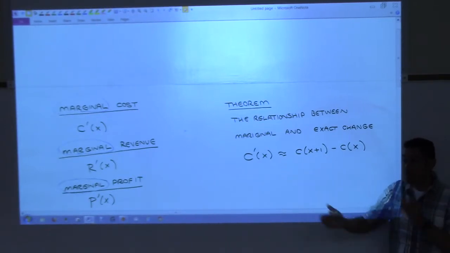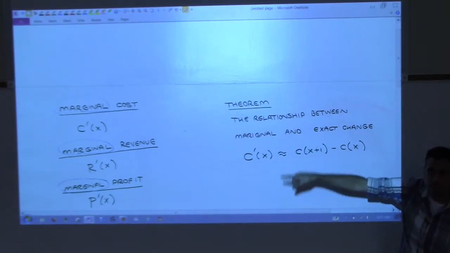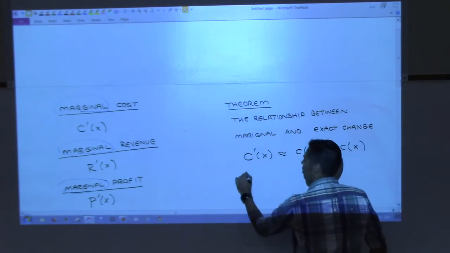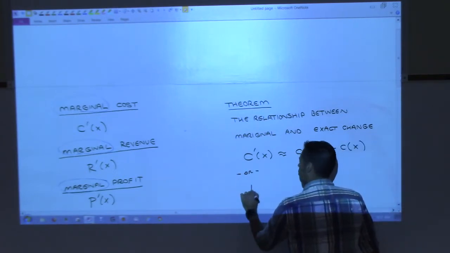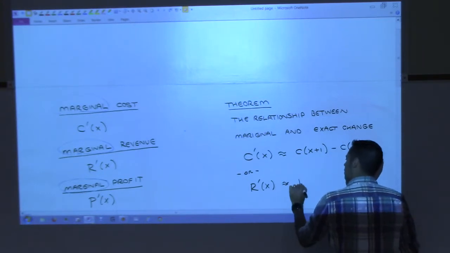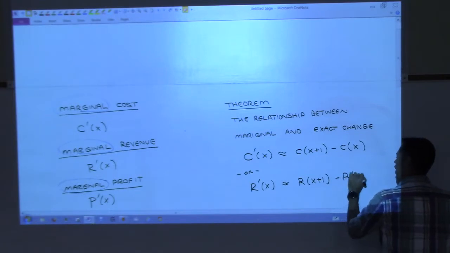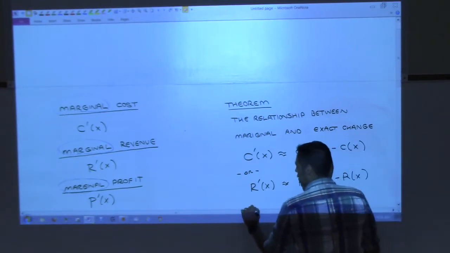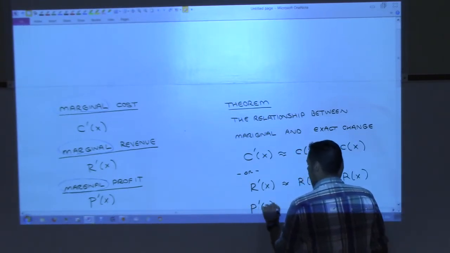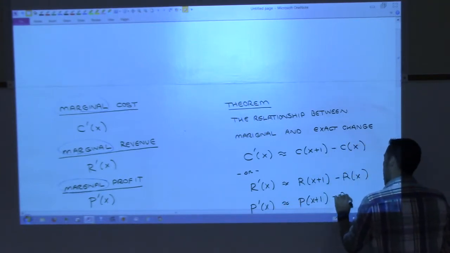It's approximately. Sometimes it's dead on, but sometimes it's off a little bit. And this goes for all three of these functions. So you could have, or the marginal revenue function is approximately the revenue at x plus 1 minus the revenue at x. And finally, the marginal profit function is approximately the profit at x plus 1 minus the profit at x.